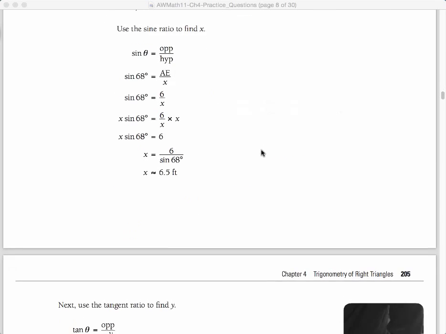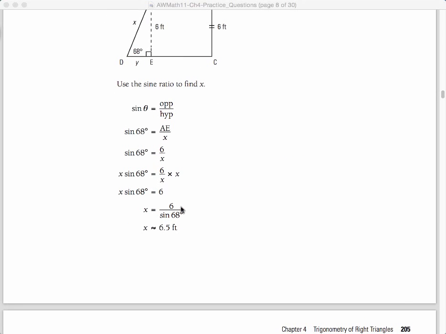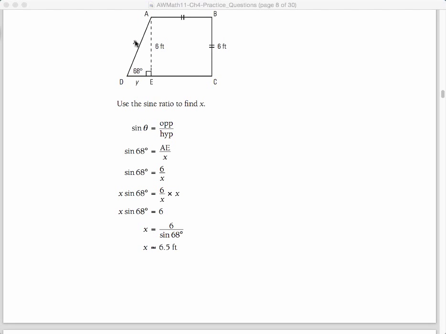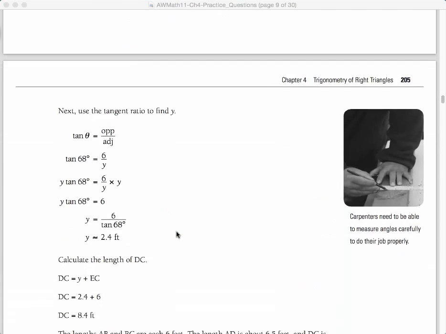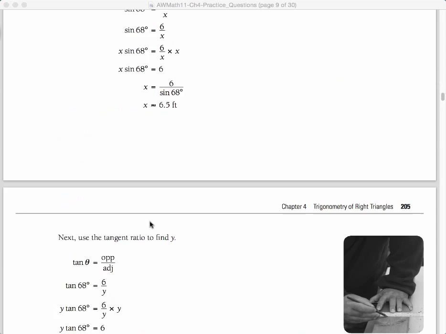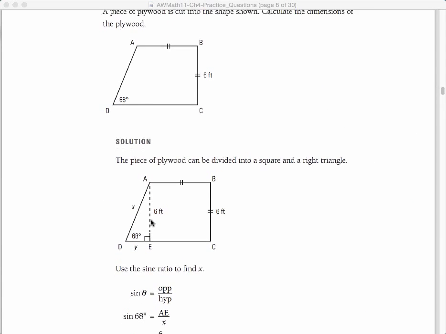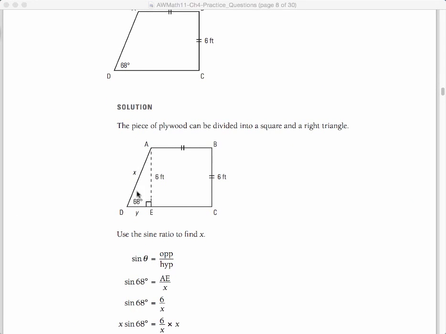And if we just scan down here, we'll find the answers to those two questions below. So they've calculated our X, which is 6.5, and our Y down here as 2.4. So now all we have to do is add up all the sides, X plus Y plus 6 plus 6 plus 6.